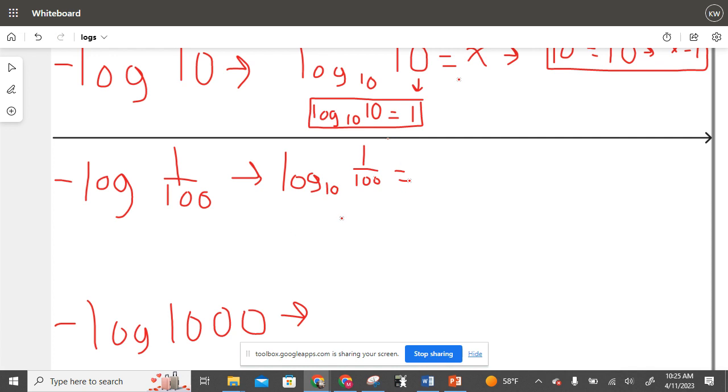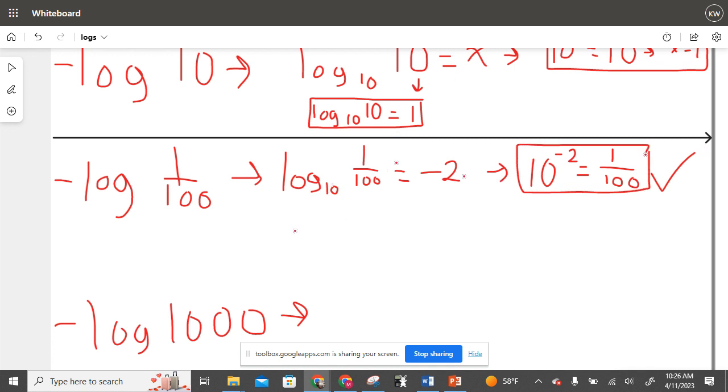So 10 to what power gives you 1 over 100? You said what? No, say it. -2. And you can verify that by dealing with the exponential form. So is 10 to the -2 1 over 100? Absolutely, positively. Rudy Tooty, fresh and fruity. There we go. Boom.